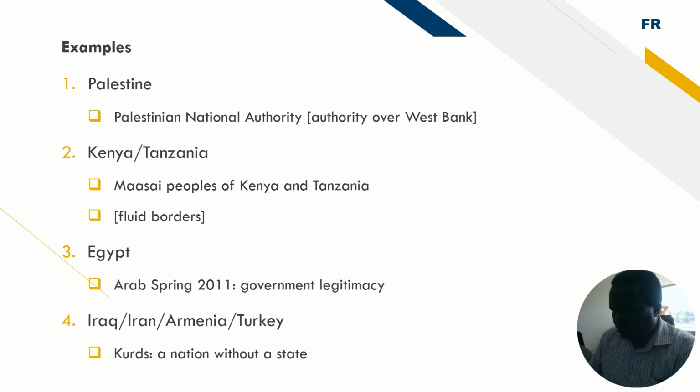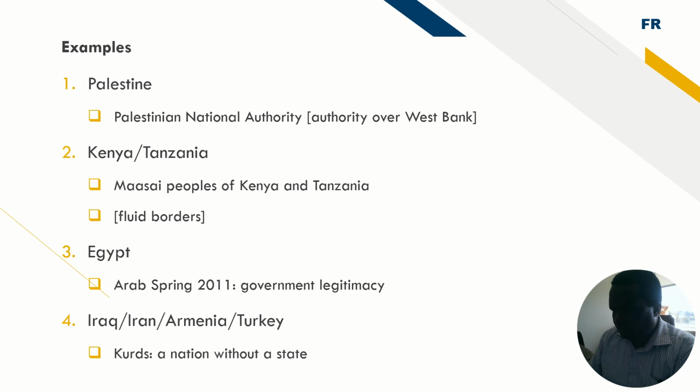And so here are some more examples of nations without international recognition. One such example is Palestine. So Palestine, the Arab part of the partition of 1947, and so the Palestinian National Authority has authority over West Bank, and Hamas has had authority over Gaza.